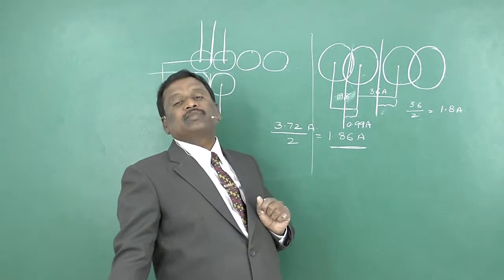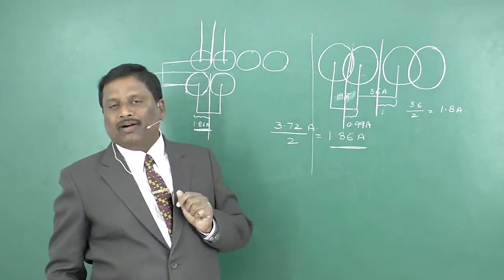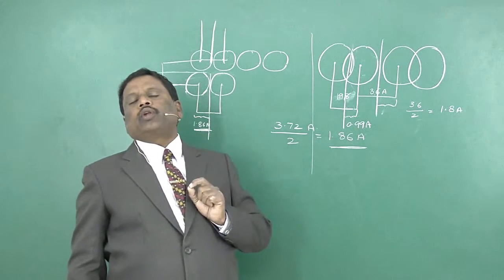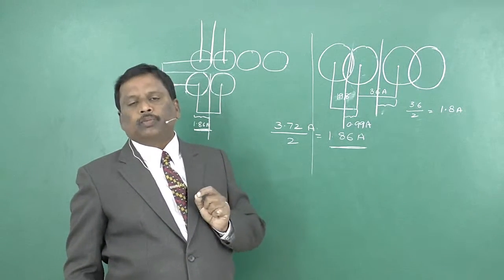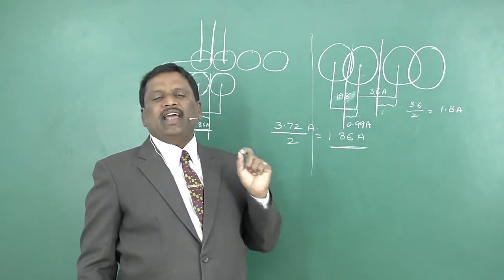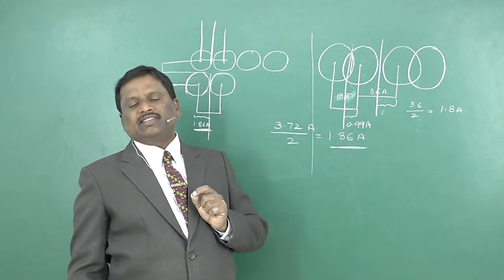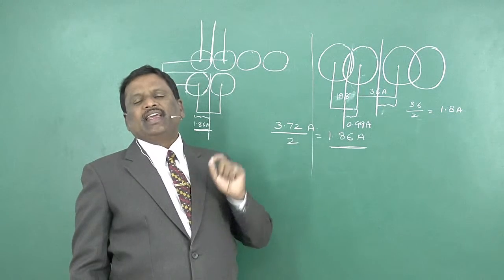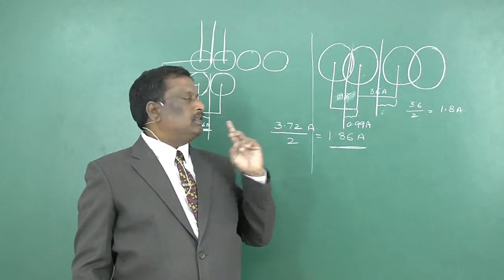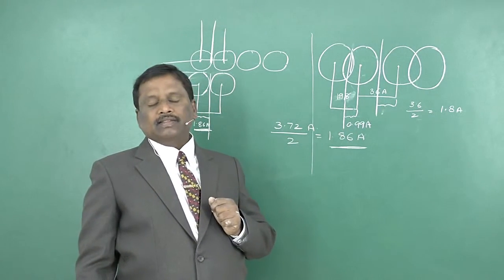So half of its internuclear distance, 0.99, is considered as its covalent radius.